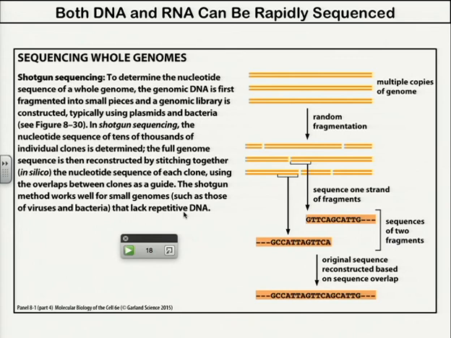Now it can be done overnight. Everything has completely changed in the speed and the automation of it all, so that sequencing of genomes has become, I wouldn't say trivial, but nowhere near the kind of galactic effort that it was when the human genome was first sequenced almost 20 years ago.